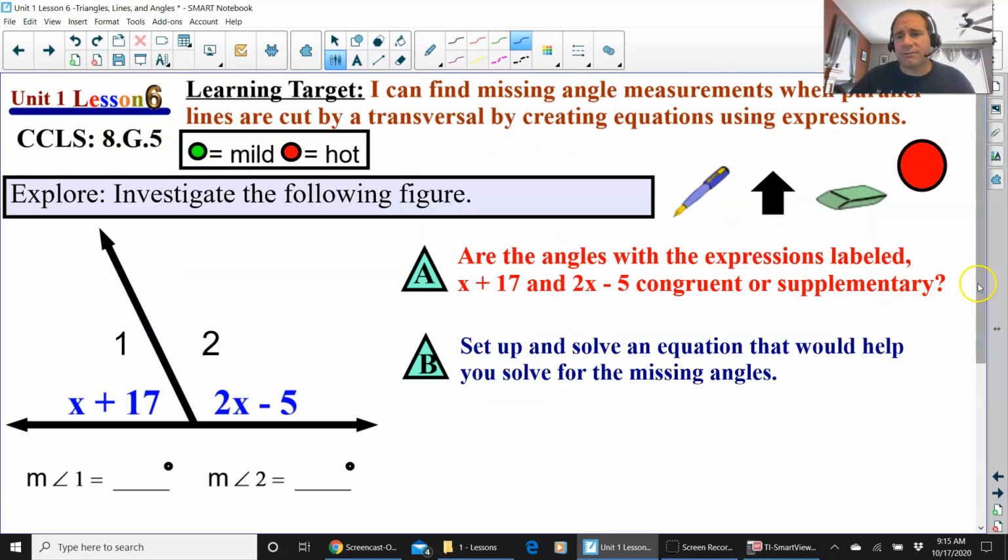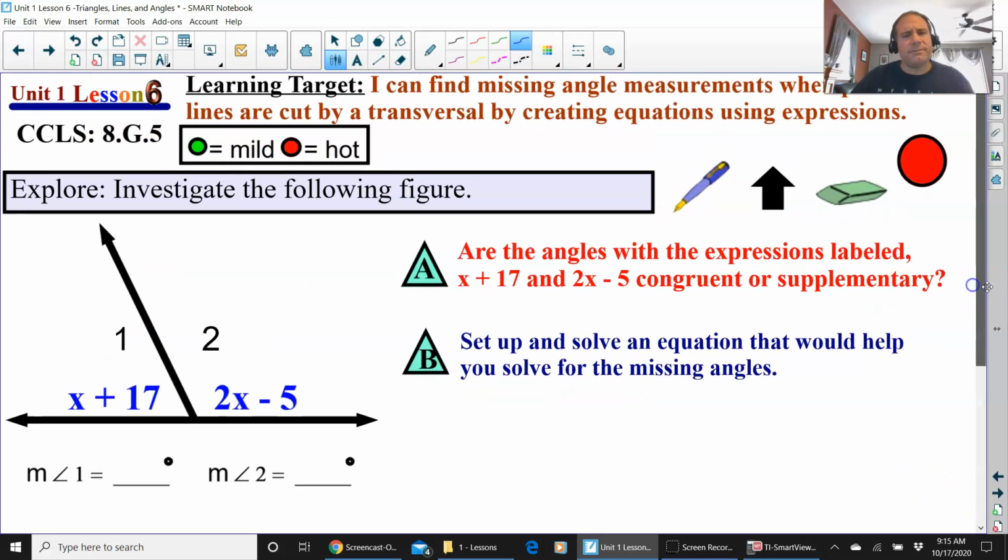Going on to the next question, this is a little bit different, but just remember what these are. They're either equal or they're not equal. All right, they're supplementary if they're not equal. So that means you have to set up your equation using these expressions, angle 1 and angle 2. Set up your equation and think about, are these equal to each other? Are they the same angle, or are they different angles?